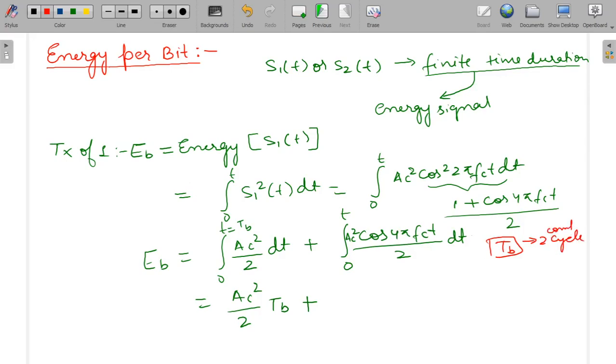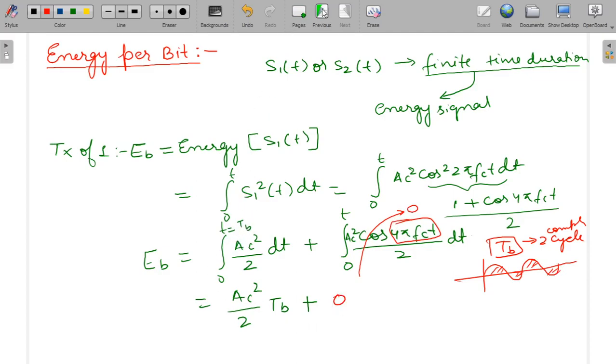Why? Because here it is 4 pi fc t, so it will take 2 complete cycles. So the integration of 2 complete cycles of any sinusoidal signal will be 0, because positive part minus negative part, positive part minus negative part. So this integration will come as 0.